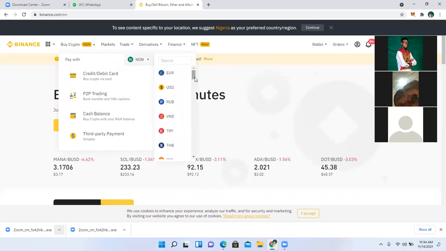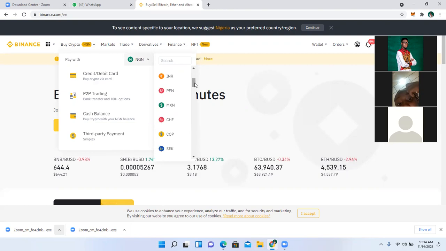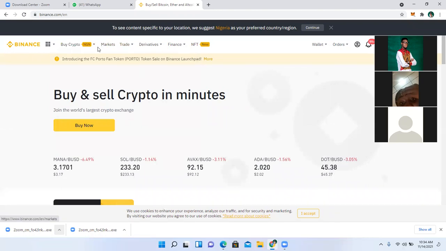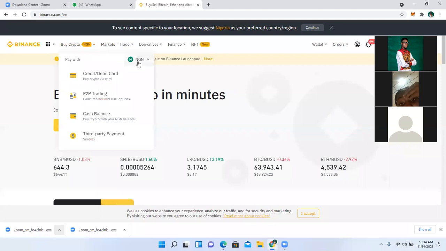So if you have another currency apart from the naira in a foreign account, like those that have dollar accounts, you can actually buy using those currencies, right? But ideally, your Binance account is set by default to naira. But currently, because of the CBN policy ban, you can't buy cryptocurrency with naira. Okay, so there are other methods available.